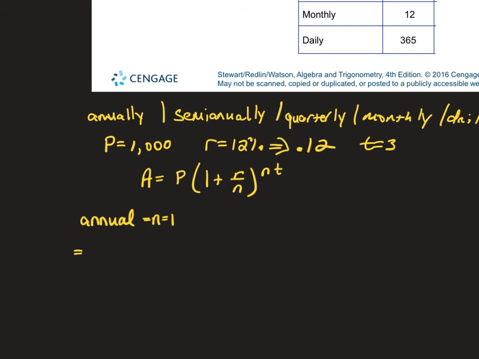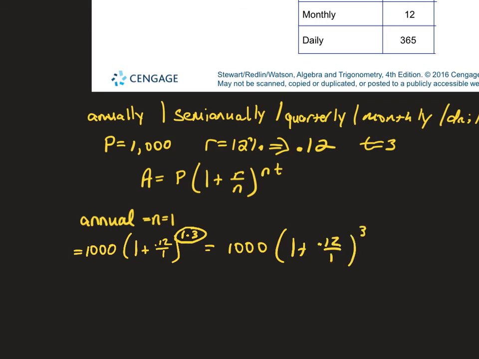So I'm going to say 1,000 times 1 plus 0.12 over 1, raised to the N times T, so that's going to be 1 times 3 power. In your calculator, guys, whatever this is, I would simplify it before you put it in the calculator. So I would go like this: 1 plus 0.12, 1 times 3 is 3.